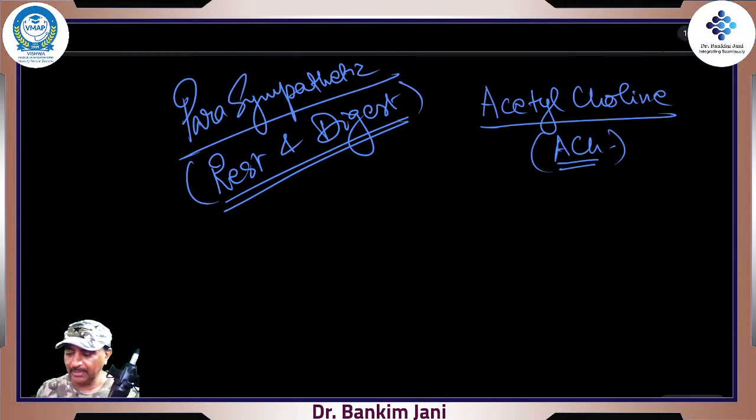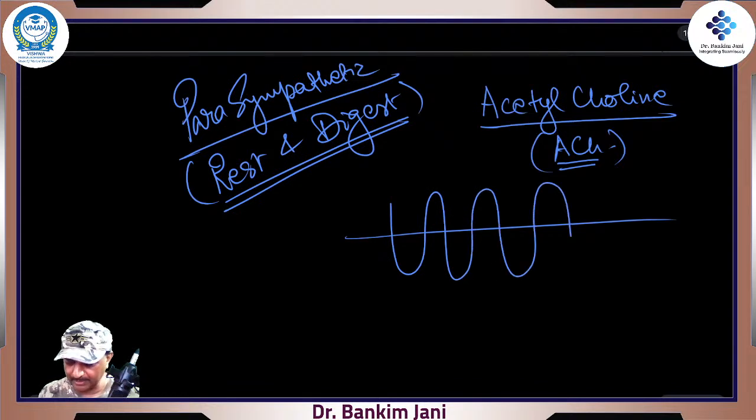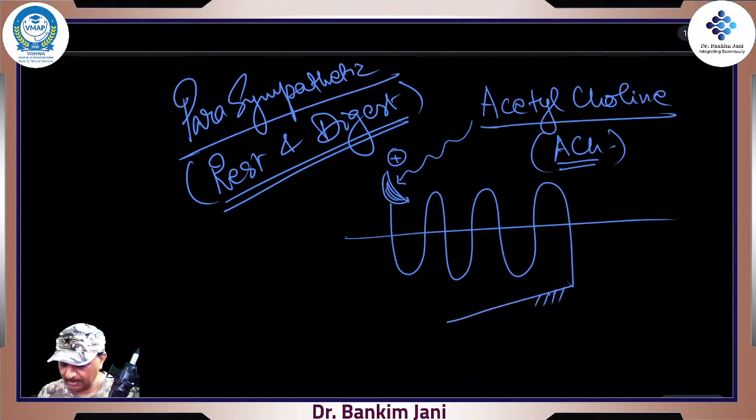Let's see how. This acetylcholine, once again, 1, 2, 3, 4, 5, 6, 7. Here it is. And this acetylcholine comes over here and tells it to make the call inside, and the message arrives, like an SMS.